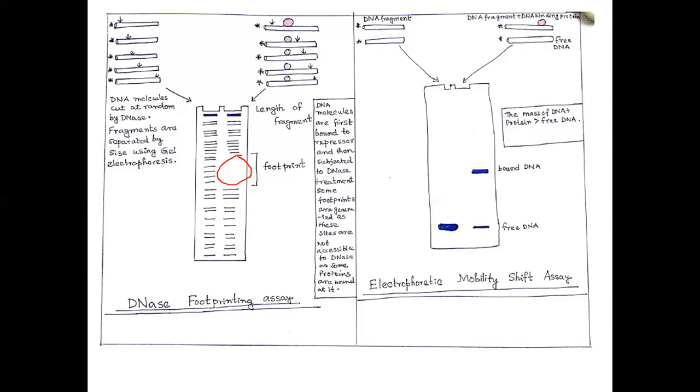One will be the free DNA and another will be the bound DNA. Since the molecular mass of the bound DNA will be higher than the free DNA, we will get a band higher than the free DNA. So by seeing this band, we will be confirmed that yes, my DNA is bound with a particular protein. These are the two techniques which we basically use to identify whether my DNA is bound with any protein or not.